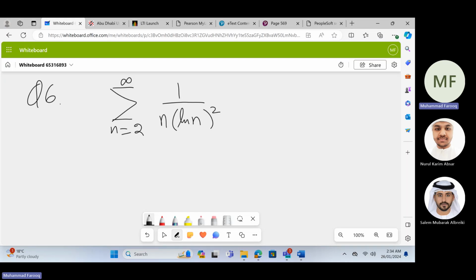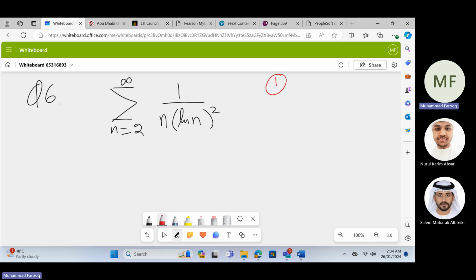Good. Now, step number 1, you have to check 3 conditions: P, C, D. Number 1, P means positive, from 2 to infinity. Substitute any value here, 3, 4, 5. Are you getting any negative number? It's very clear all n are positive, and there is no negative sign here. So n is positive, squared makes a positive answer.